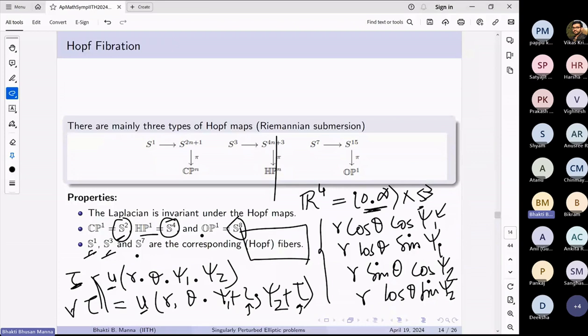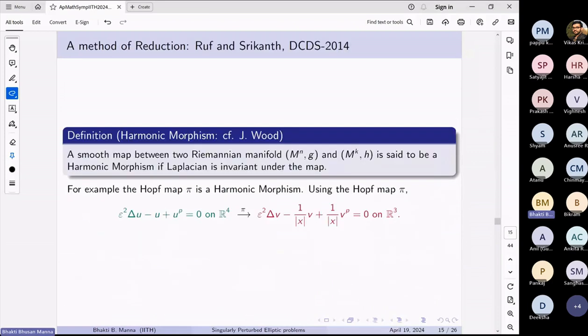Because of that, if you satisfy some equation with the Laplace operator, then the equation will also change, and this is how the equation changes under the Hopf map.